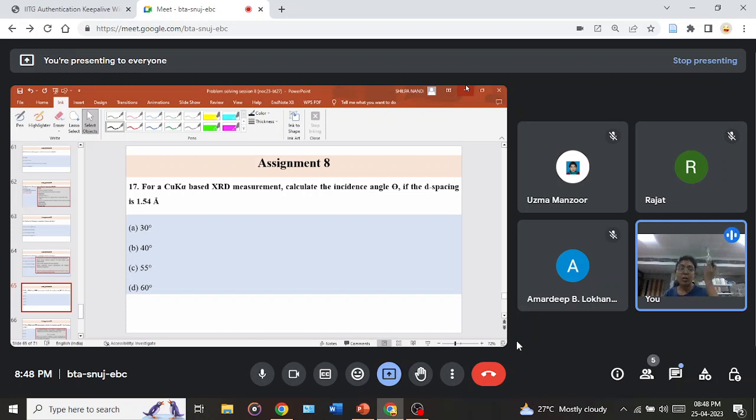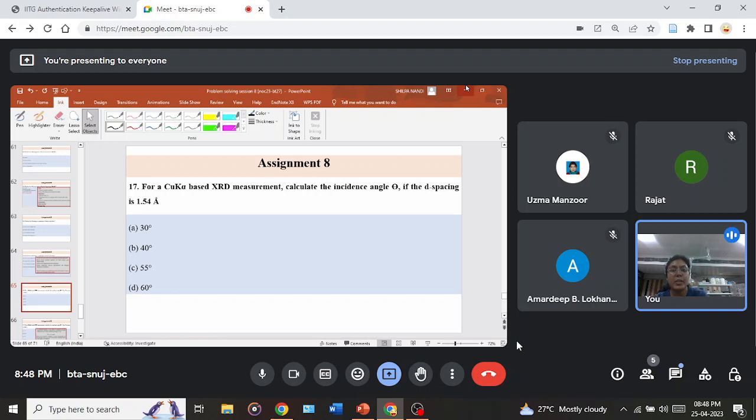If you recall, what was the law which this XRD was based on? Bragg's law of diffraction, as you said, right? So write down Bragg's law of diffraction and try to solve the question.